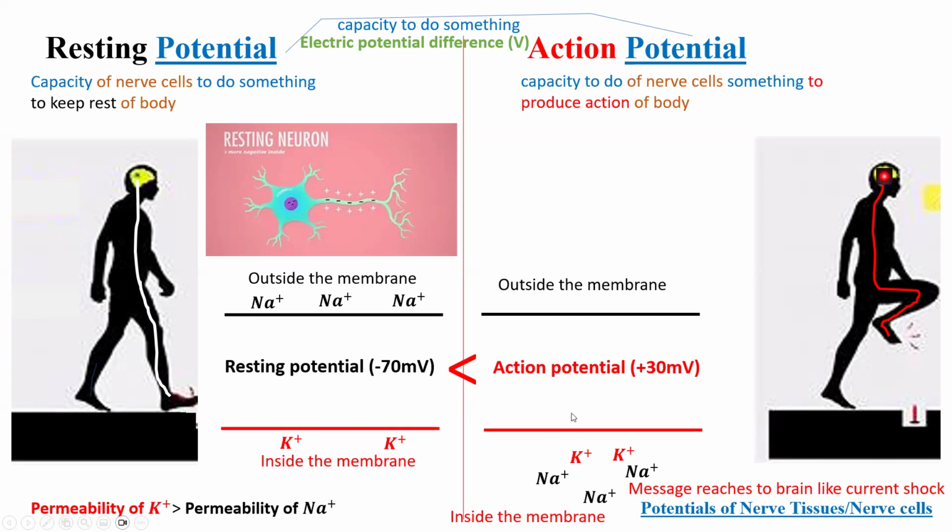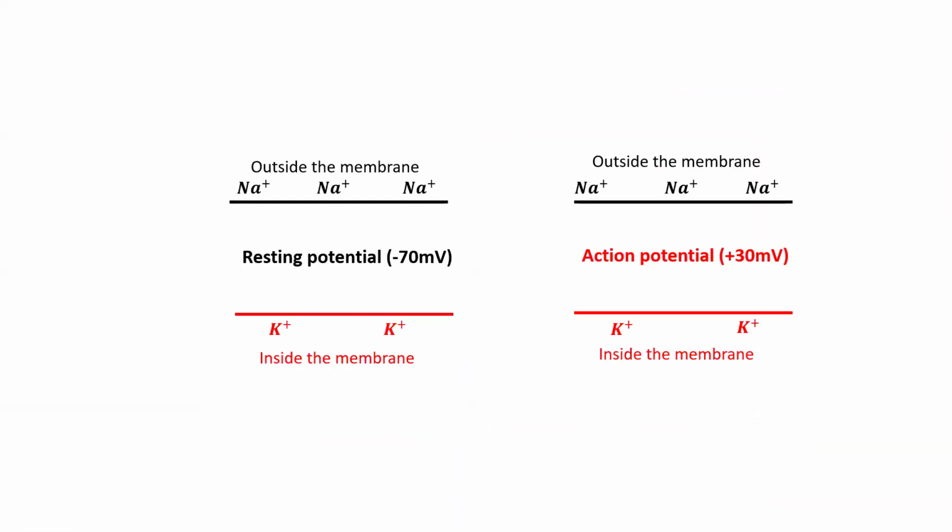Now charges can move more quickly, and they can reach your brain in the form of an electric shock, conveying a message. So it is the action potential that is responsible for conveying the message to your brain, because as soon as you get any sort of hit or injury, you get a quick message. So this was your resting and action potential, its basics and details, whether chemistry, biology, or physics.